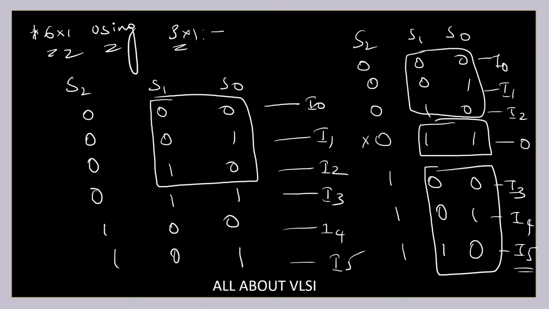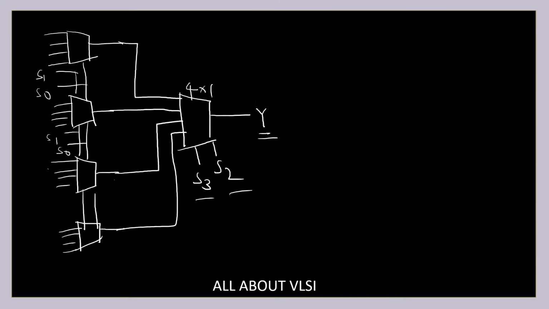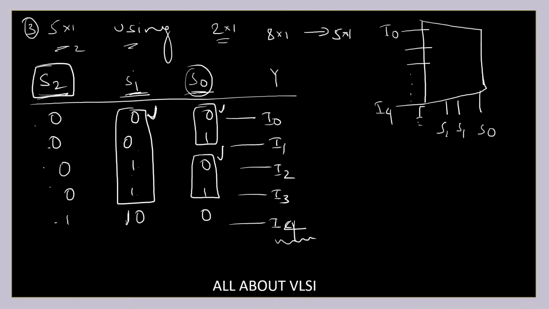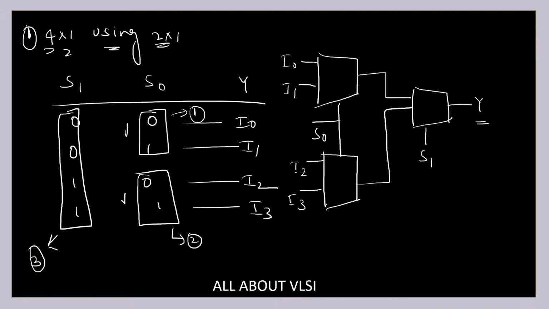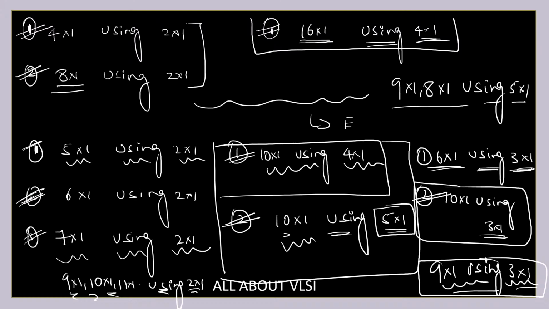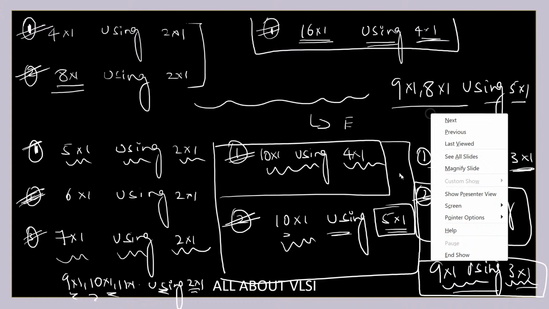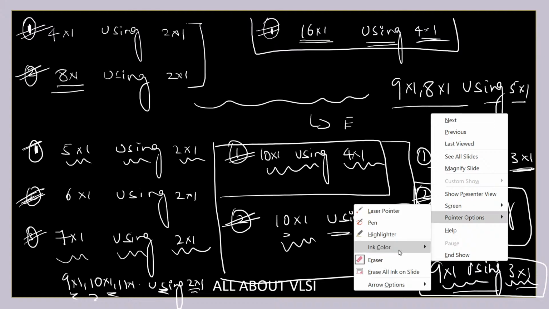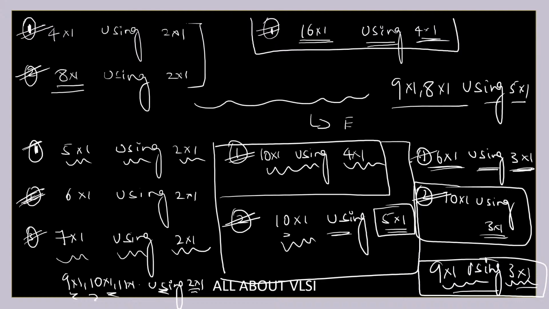So this is how we are going to build our higher order multiplexers using lower order multiplexers, where we have discussed implementing all the particular higher order multiplexers using lower order multiplexers. And you can apply the same methods for implementing all the remaining implementations also.